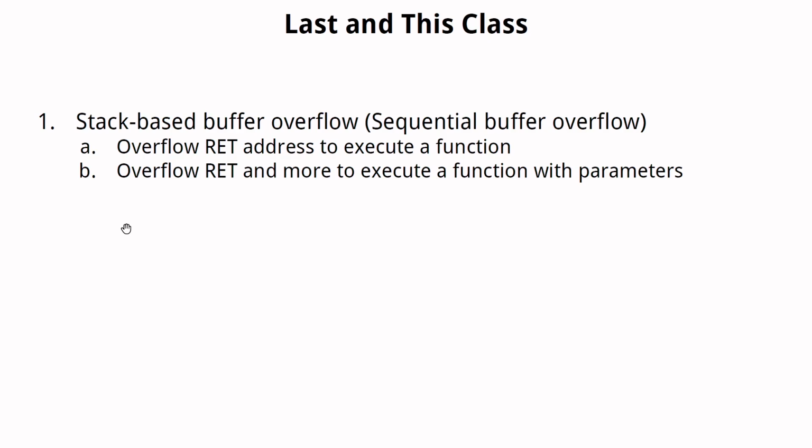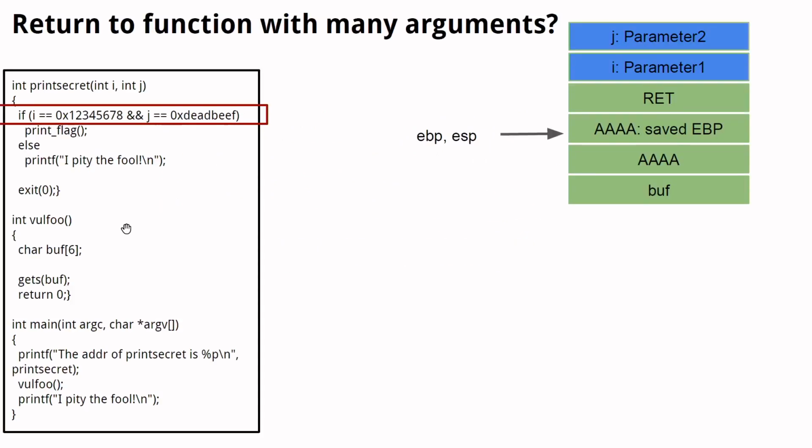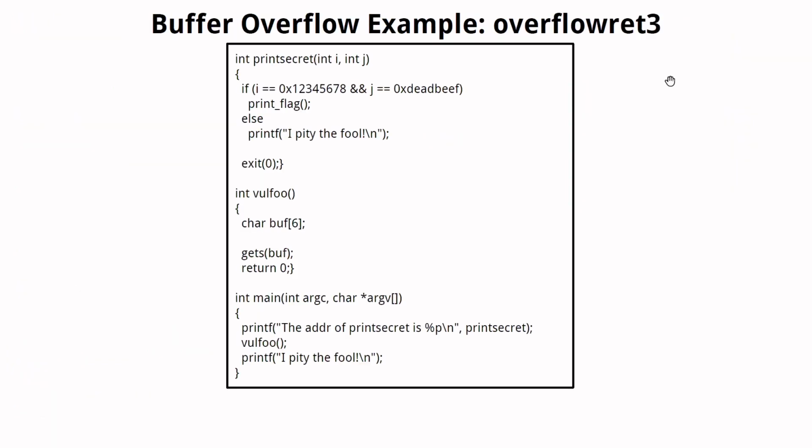We saw that we can jump into or return into a function with parameters. And obviously, not only one parameter, even several parameters will be the same thing. You just place whatever you want to override on top of that. Okay, so this one, the print secret has two parameters, I and j, and they have some specific values. You just need to override it this way. Okay, so I will leave this as a homework for you guys.